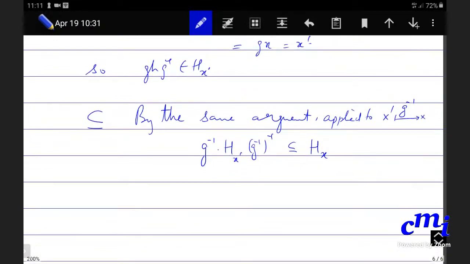And so this would imply that Hx prime is inside g Hx g inverse. So multiply on the left by g and right by g inverse.